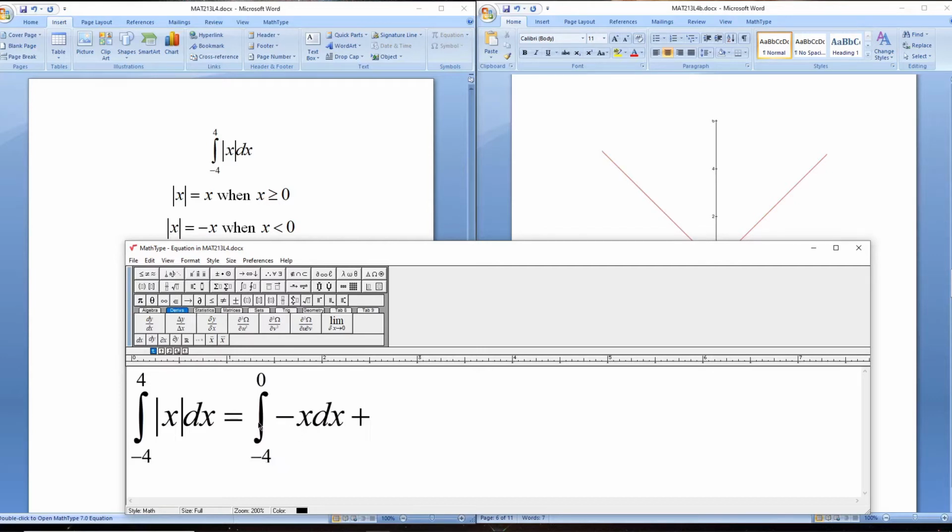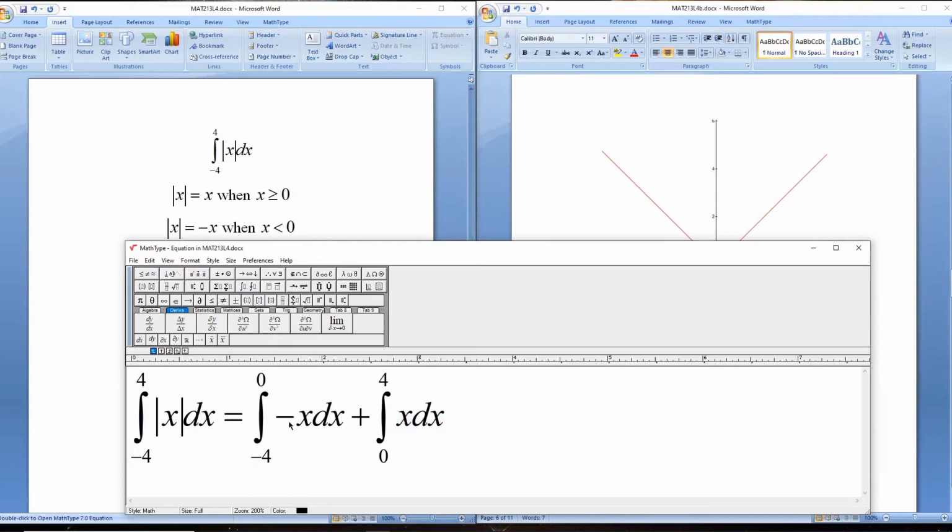And then we'll add to that our next piece. So our next piece now is going to go from 0 to 4, which completes then our entire trip from minus 4 to 4. And 0 to 4, this is when x is going to be positive, and when x is positive, we can replace the absolute value sign just by x.